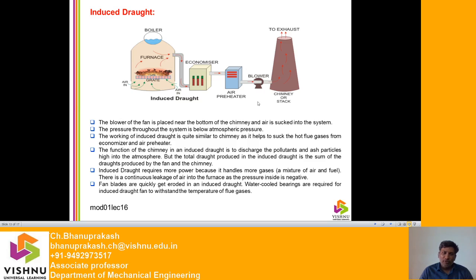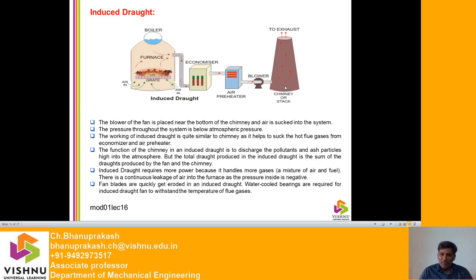One common difference between the forced draught and induced draught fan is the location of the blower. The blower or fan is placed near the bottom of the chimney and the air is sucked into the system. The pressure throughout the system is below atmospheric pressure. So the working of induced draught is quite similar to the chimney.